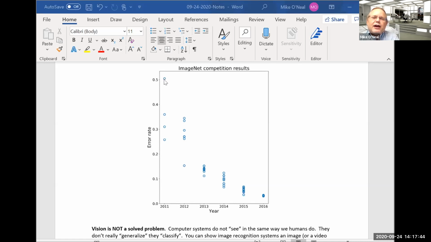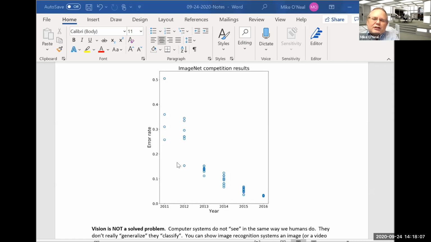It missed half of the images, okay? But these were like the 4 best programs in the competition that year. So don't think about this guy as like the worst of the worst of the worst. Anywhere in this range, say 30%, was considered doing pretty darn good.